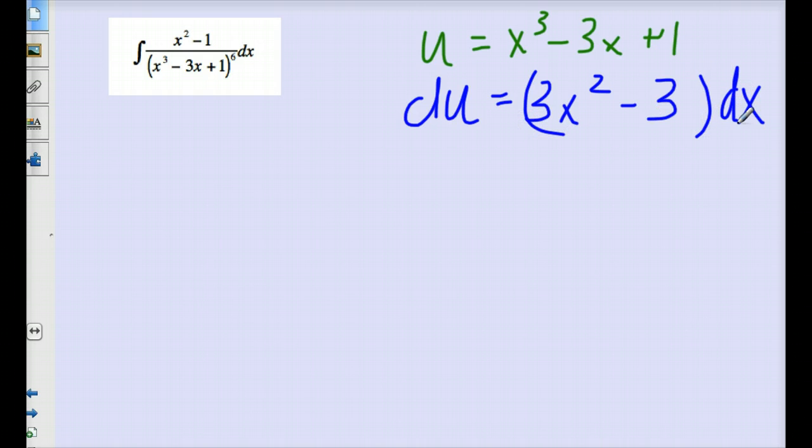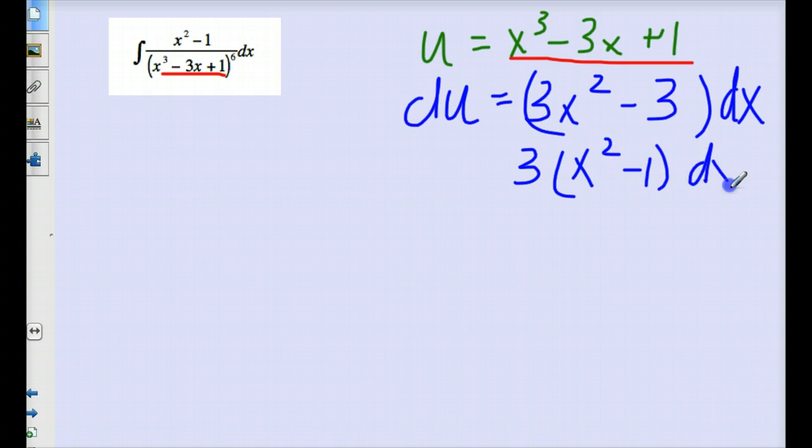And then I start doing my underlining. So I notice I have a u right here, and I can stick that in here. And right now, I don't have anything that matches this numerator. But if I play around with my du, I know I can factor out a 3, which gives me an x squared minus 1 dx.